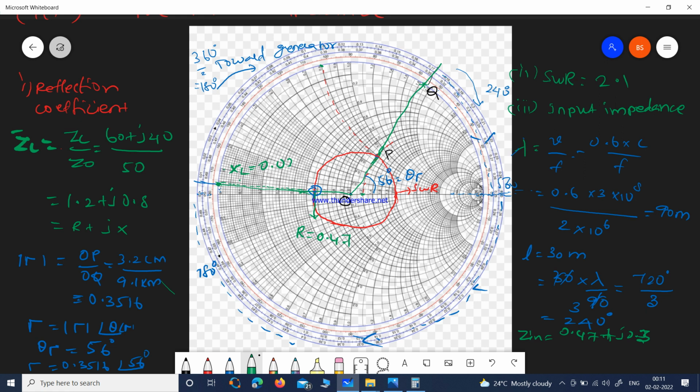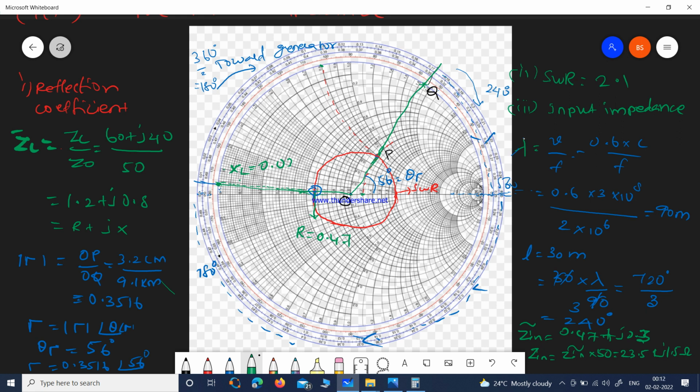So in this case, it is not a problem. Then one more thing you should remember, this is normalized input impedance. So if you want input impedance, the value should be multiplied with the characteristic impedance 50 ohm. So by multiplying this with the 50 ohm, you'll be getting the exact input impedance 23.5 plus j 1.5 ohm.